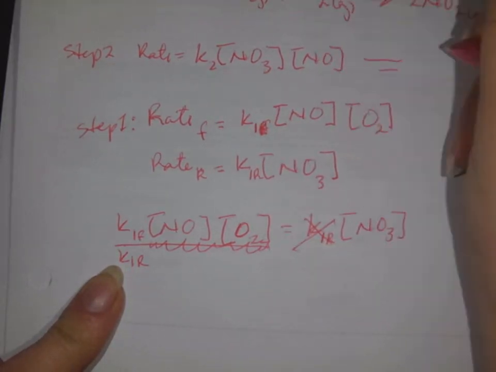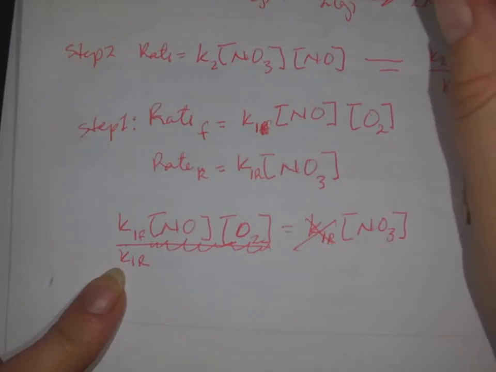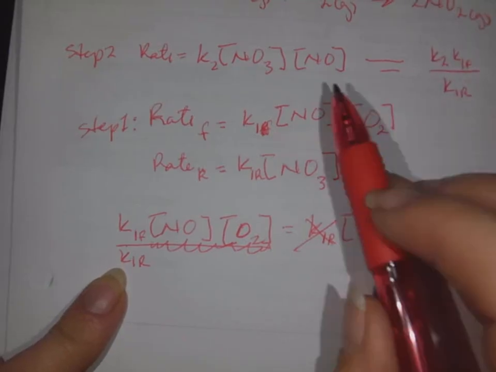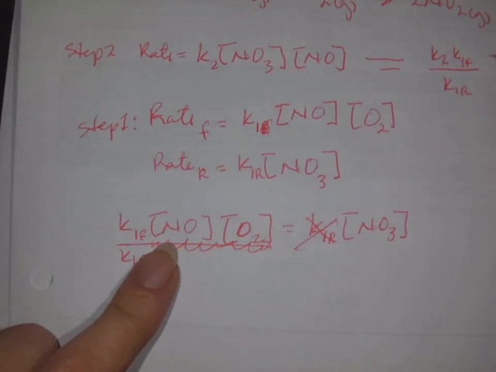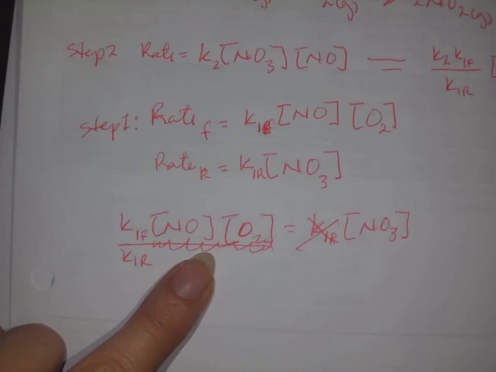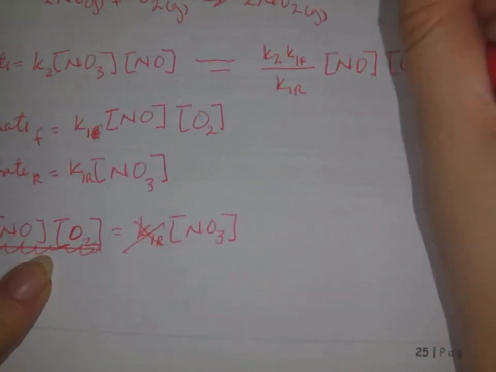Okay. So it's going to be K2, K1 forward divided by K1 reverse, and then instead of this nitrogen trioxide, it's concentration of NO times by O2.